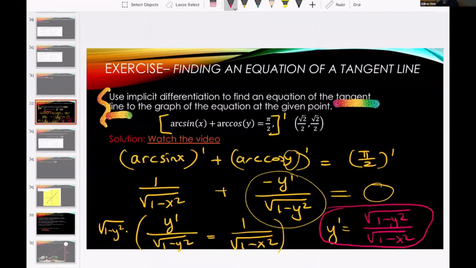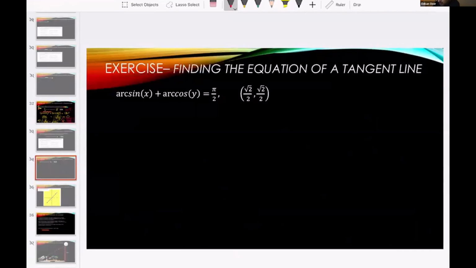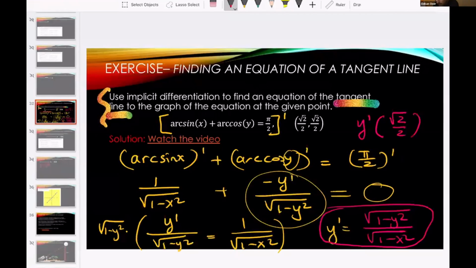Okay? The good news is once you know y prime, you know the slope of the tangent line at any point, and in this particular case, we need y prime at radical 2 over 2. Okay? So let me just start from here. Let me just copy what I got. Y prime is radical 1 minus y squared divided by radical 1 minus x squared.